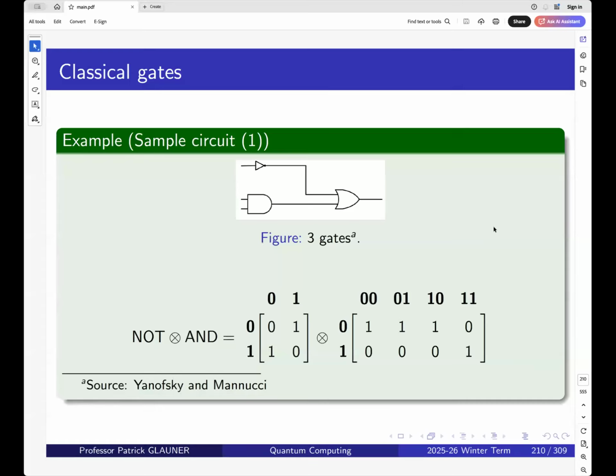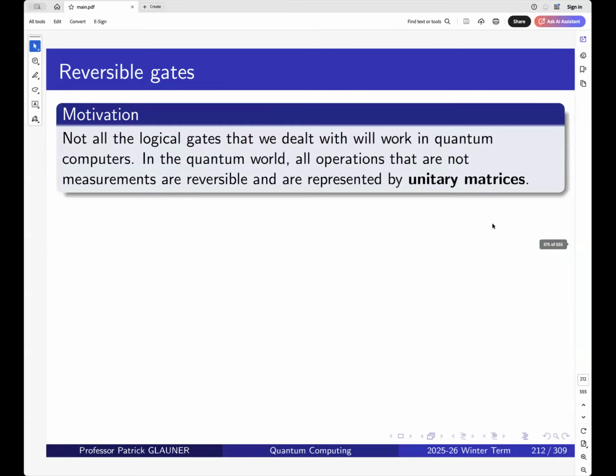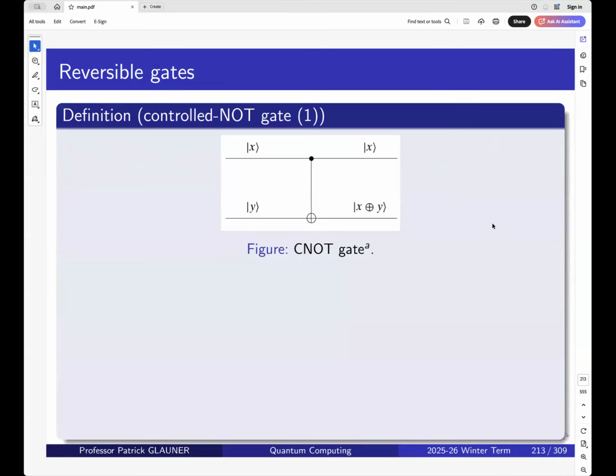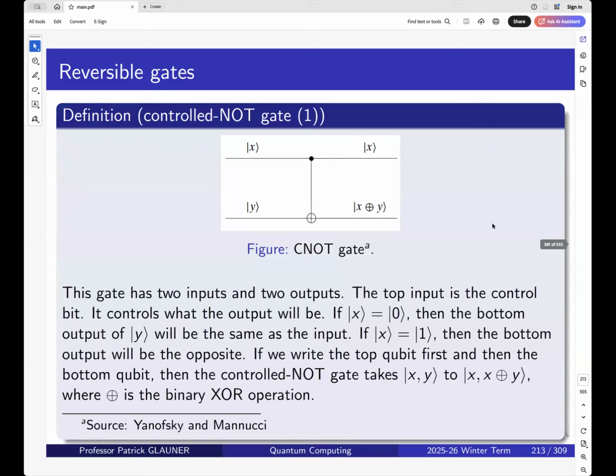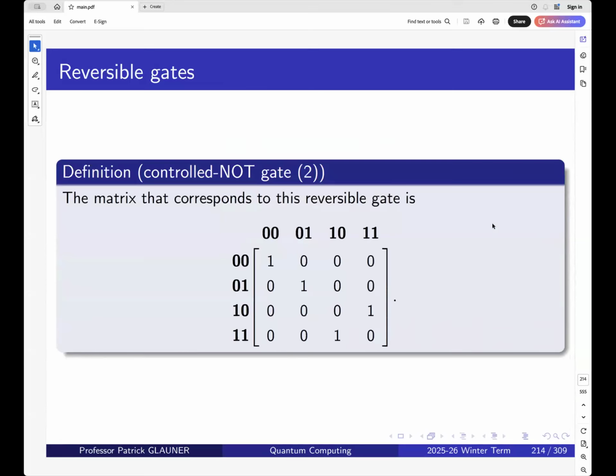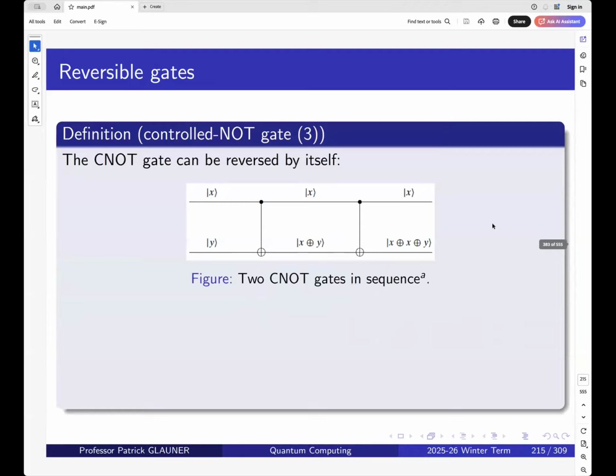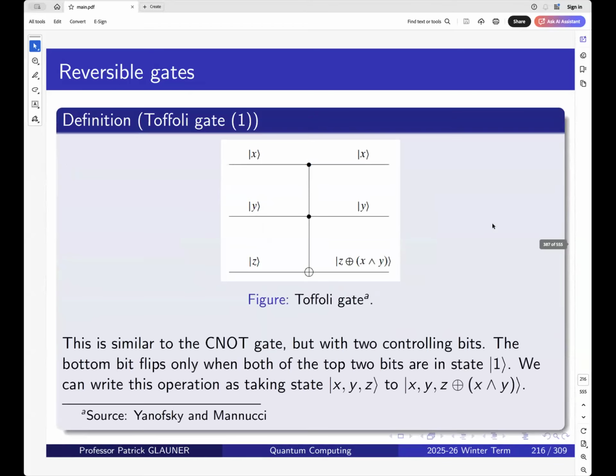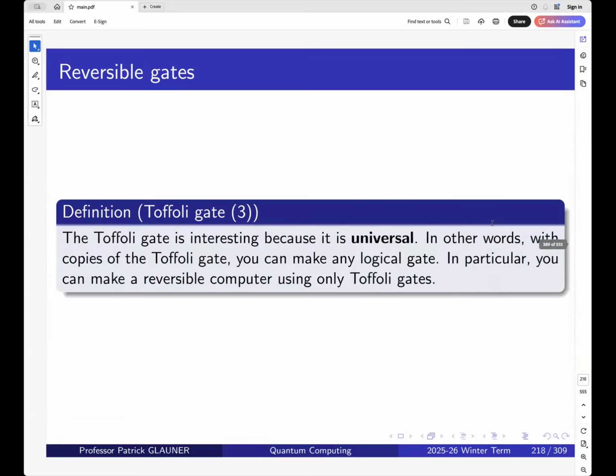We will switch back to the slides briefly. So we had skipped a lot of slides, but I had developed all of this on my iPad. So last time we saw this circuit here, this sample circuit, and then we switched to reversible gates. We discussed the CNOT gate, and its unitary matrix, two CNOT gates, and then the Toffoli gate.